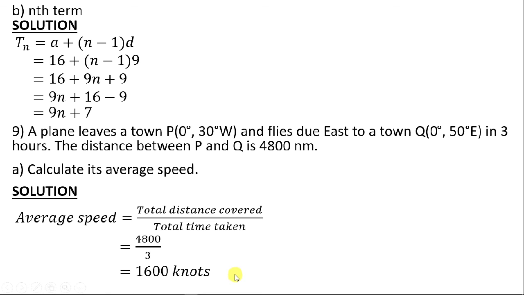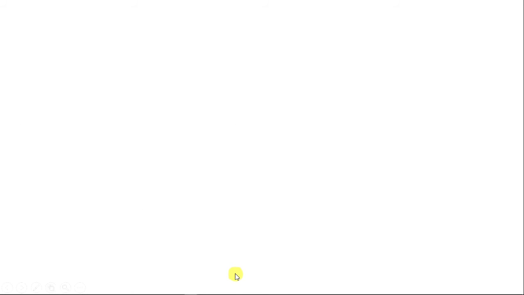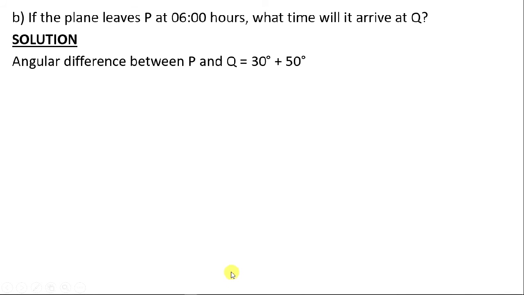We continue. The question is saying, if the plane leaves P at 6 hours, what time will it arrive at Q? So we are supposed to understand that in every 1 hour, we cover 15 degrees. Now, P was on the western side and Q was on the eastern side.